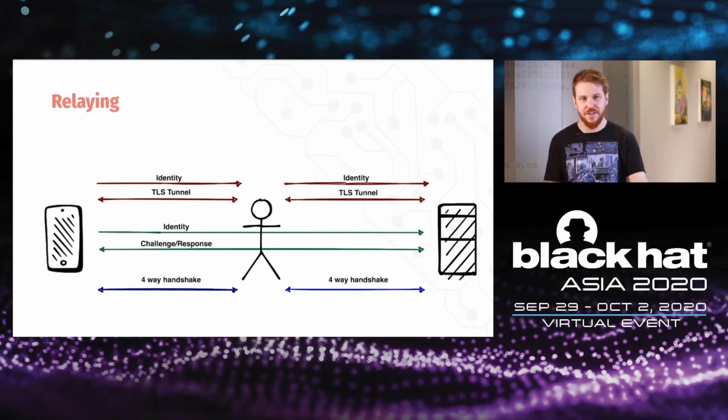You can then pass that to the user. And then once again, because the four-way handshake is calculated using only stuff from the TLS tunnel, both sides have all the information needed to set up the four-way handshake and connect finally. So that means the user can connect as well as you just connecting to the access point as previously discussed.